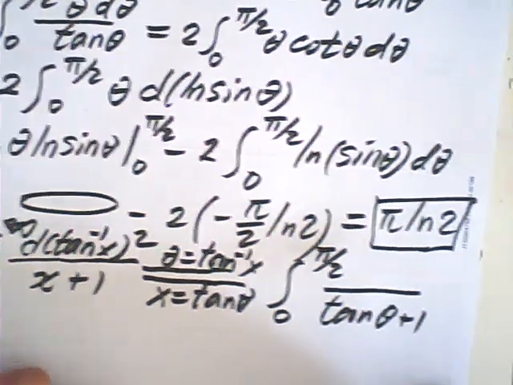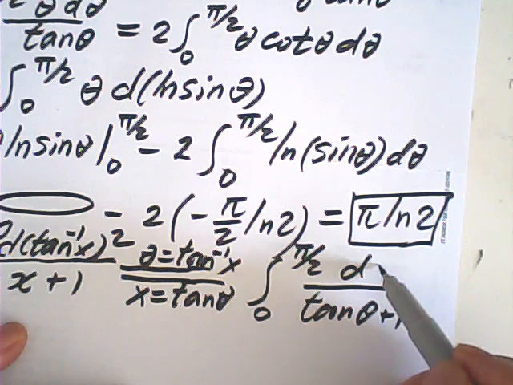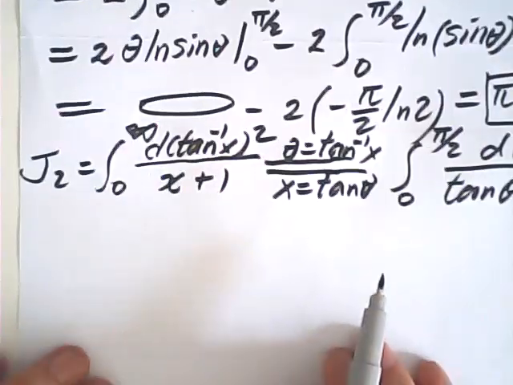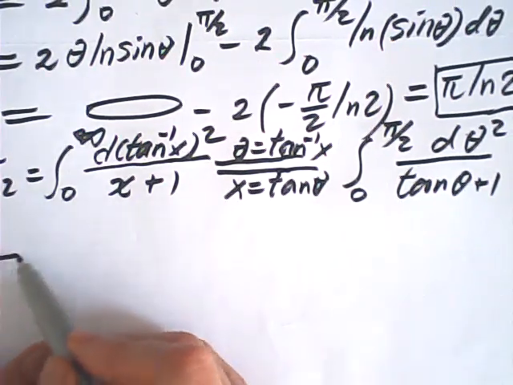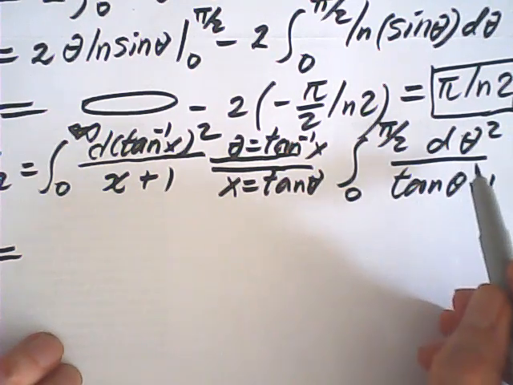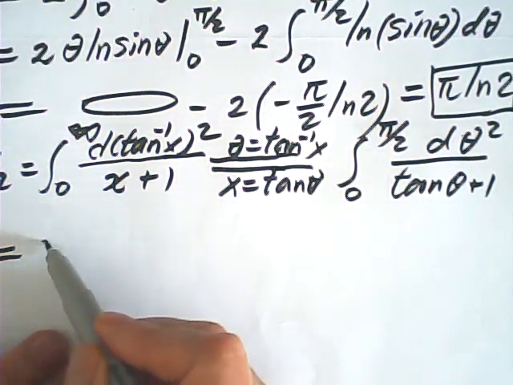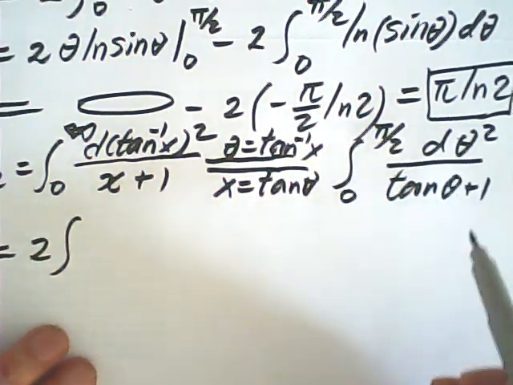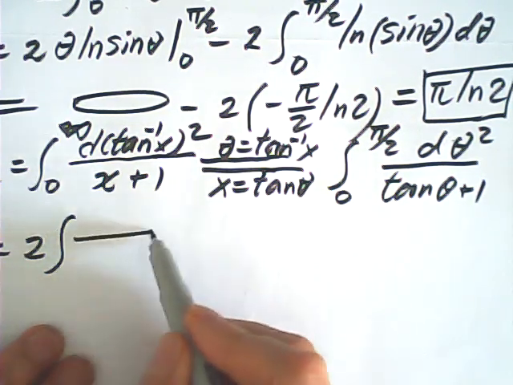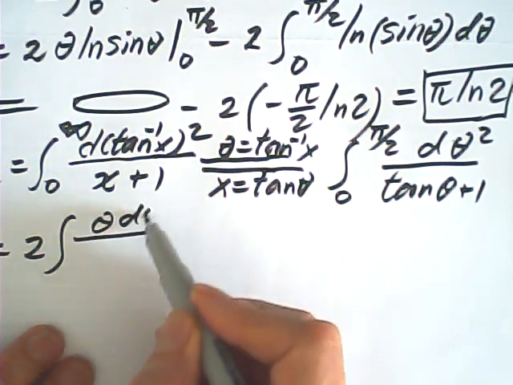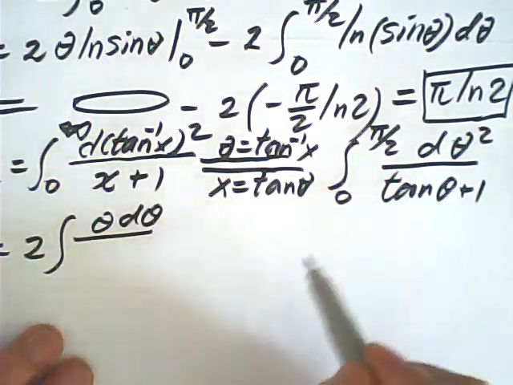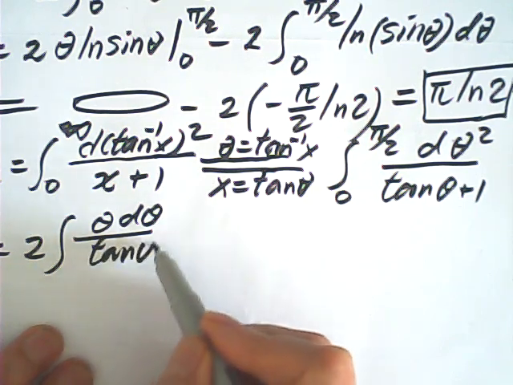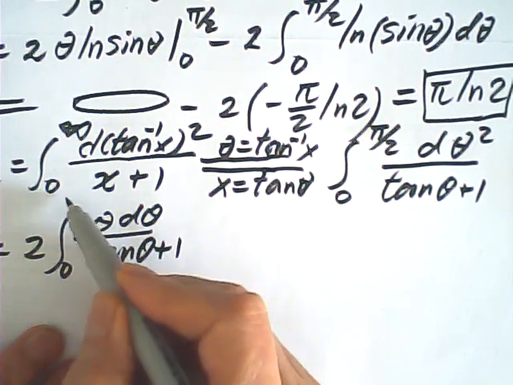And this will be d theta squared. So that will be equal to 2 theta d theta over tangent theta plus 1, from 0 to half pi.